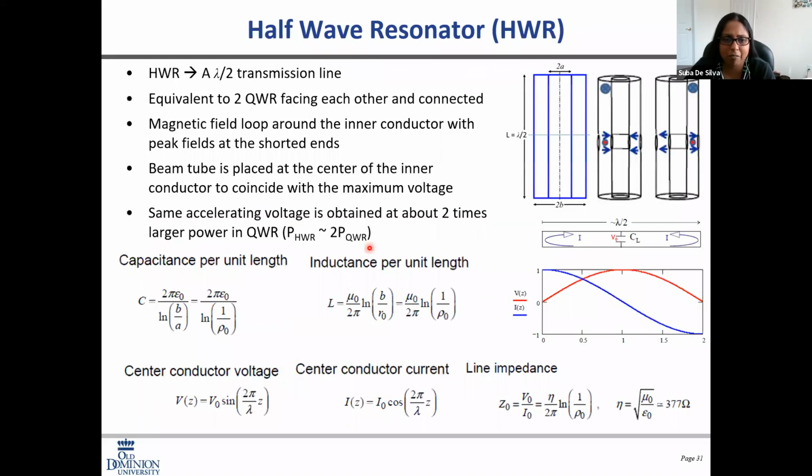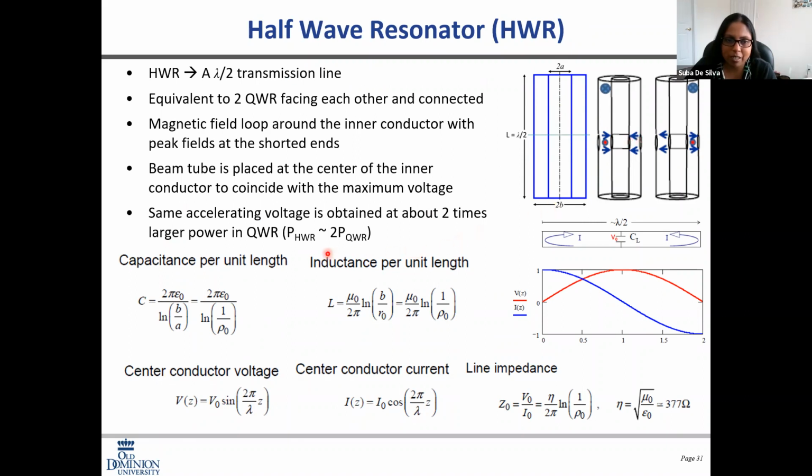So let's look into the half wave cavity. A half wave cavity is like two coaxial cavities put next to each other, where the inner conductor is connected. So the length will be lambda half, and then you have a beam pipe put through at the middle, and then you have the strong electric field between the gaps where you use it for particle acceleration.